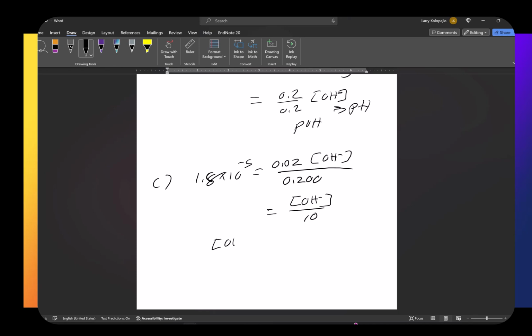The hydroxide is 1.8 times 10 to the negative 6. Log of that gives us a pOH of 5.74. Subtract from 14 gives us a pH of 8.26.